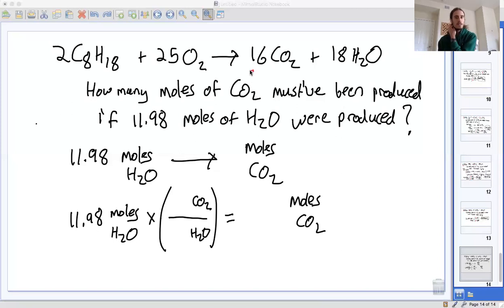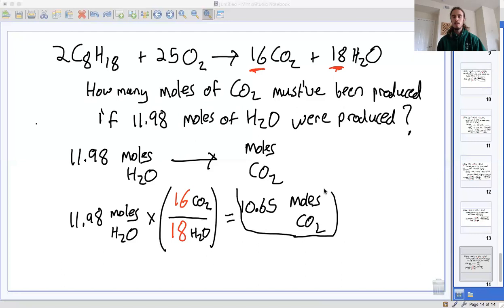You're dealing with 16 CO2s, so that goes here, and 18 waters, that goes there. And then 11.98 times 16 over 18. That's 10.65 moles of CO2.